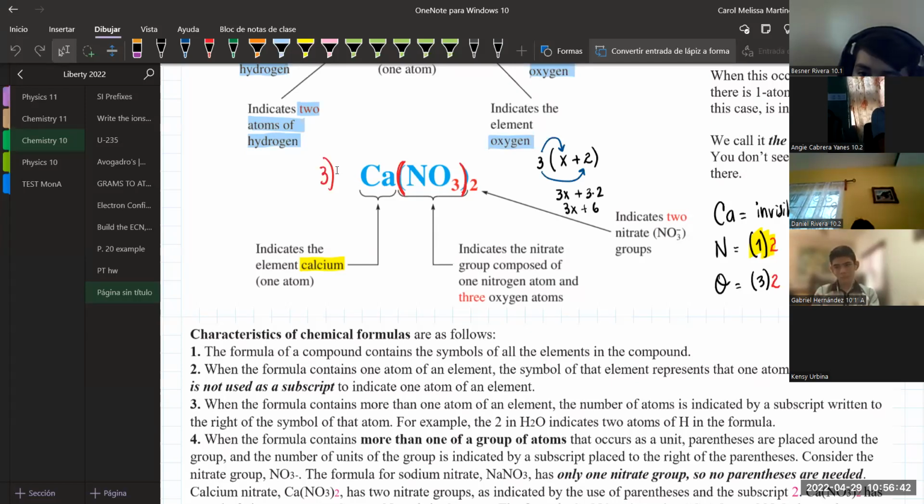That's the total for the distributive property. It's almost the same thing you have to apply here in chemistry. The number outside the parentheses is going to affect everything inside the parentheses, but just whatever you have in the parentheses. So calcium is not going to be affected by the 2 outside.